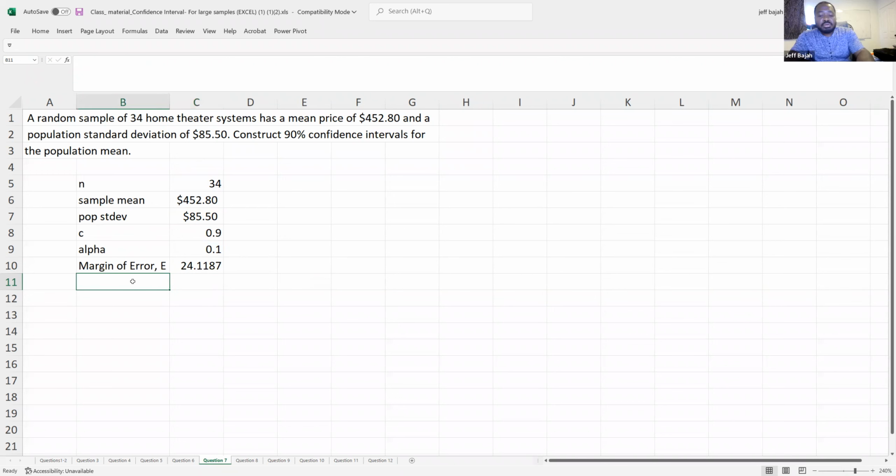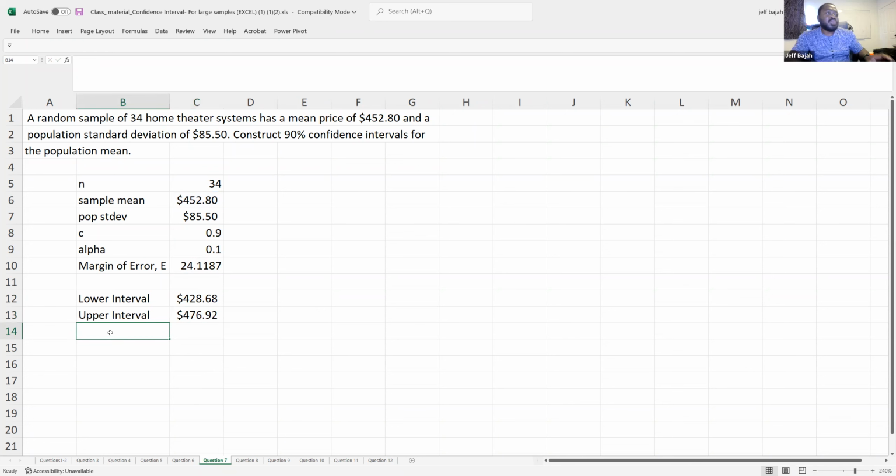And so if you are asked to do your confidence interval, we have to do a lower, and then we have to do an upper, right? And the same process works. It's going to be your mean minus your margin of error, and also your mean plus your margin of error.